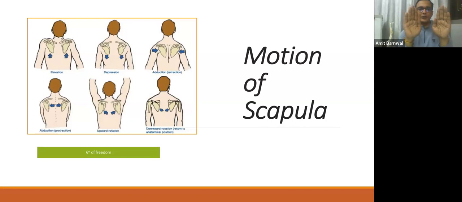And for upward rotation, it goes outward or upward; it's more of a rotation outward. And for downward rotation, it's just the reverse. It rotates towards the middle of the spine. I hope you all get it.